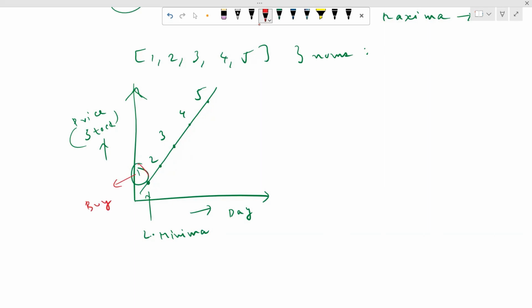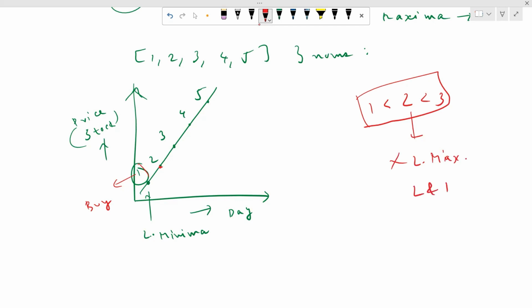And now, as we can see, can 2 be considered as our local minima or local maxima? Since 2 lies between 3 and 1, it can't be our local maxima, because for local maxima, what is our condition?